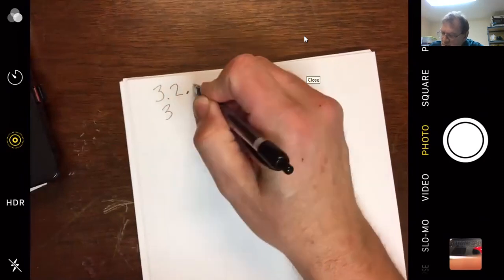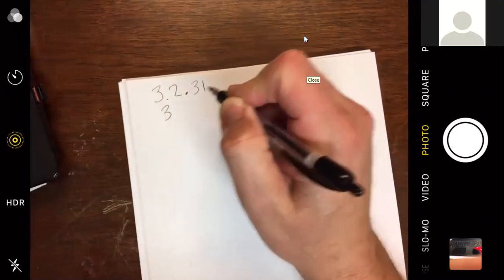Okay, 3.2.31. I don't have that in front of me, and I don't think my version of it would be exactly the same as yours. Is there any way you can give me yours?